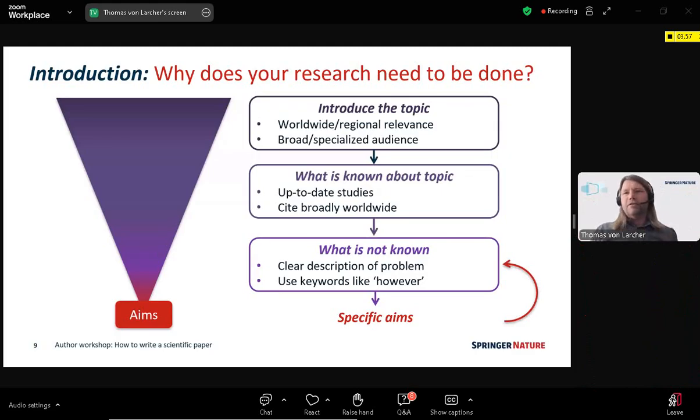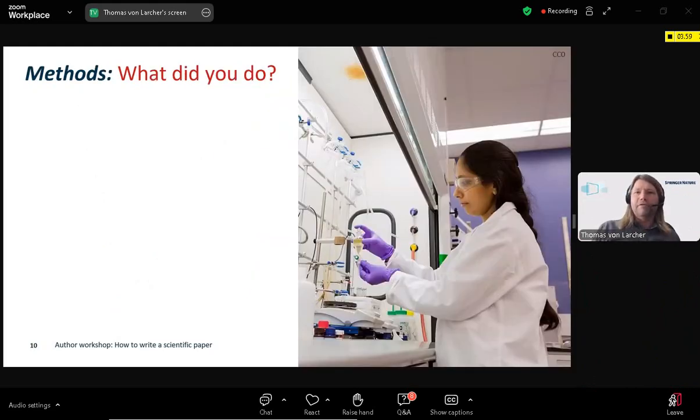All right, so the next section is the methodology. So here you should highlight what you did. So write clearly and concisely so that someone can follow how you did your research and can reproduce this. You have to emphasize what you have done. Why is this important?